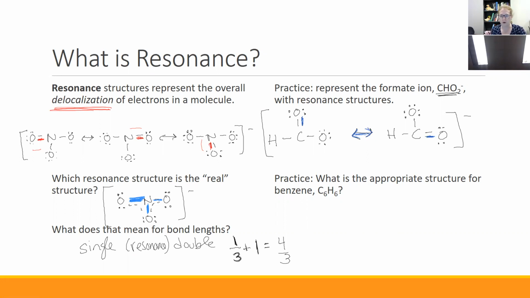Let's try one more. Let's try benzene, C6H6. And one thing that I am going to tell you that's going to be important for helping you when you pause the video and work on this is that the benzene molecule has the carbons in a ring, in a hexagon. So I'm going to set them up like this and let you know that they are connected in a hexagon. And then each of those hydrogens are sticking out.